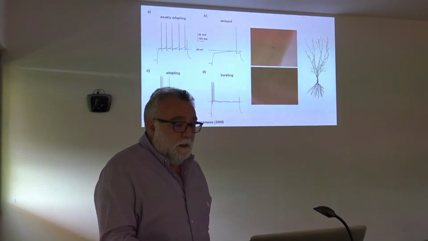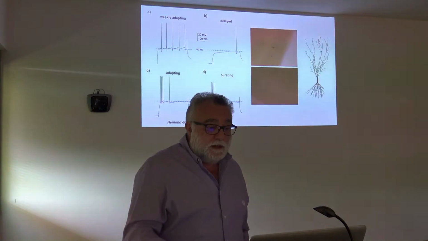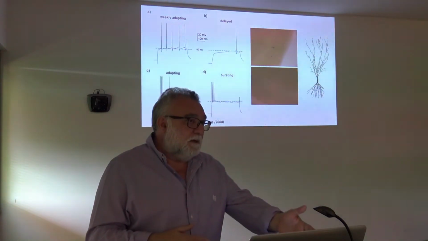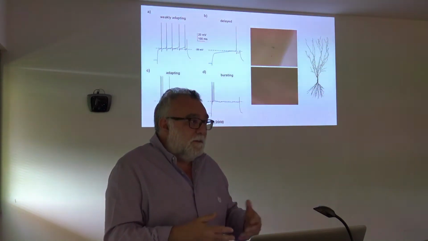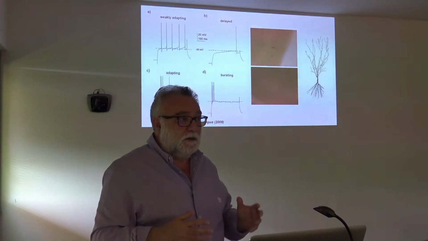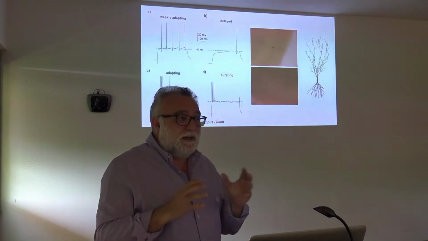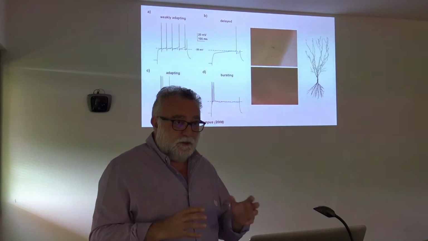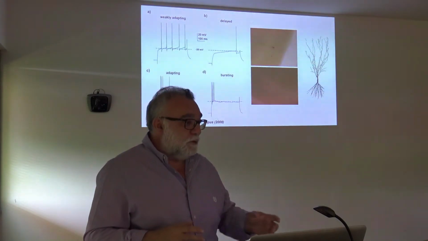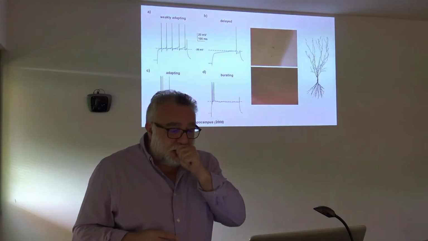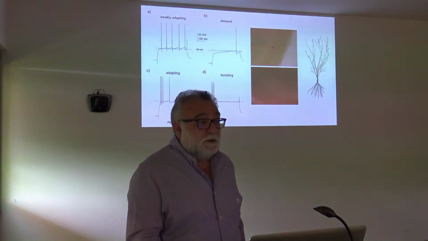Okay? So, in order to do that, of course, you need to have the data, and we have the data. They are not enough, but just one example is okay, because we want to have a conceptual idea of how to change and what to change to have the different kinds of patterns. And we need morphologies.